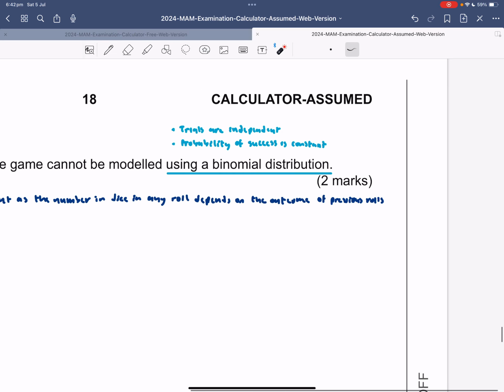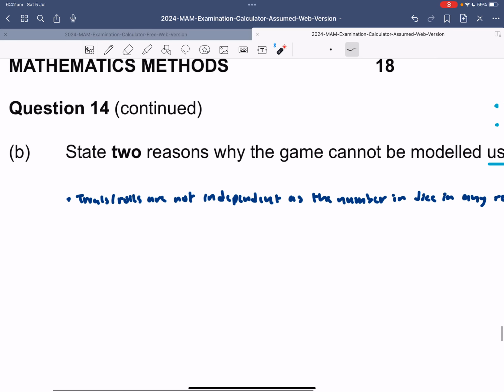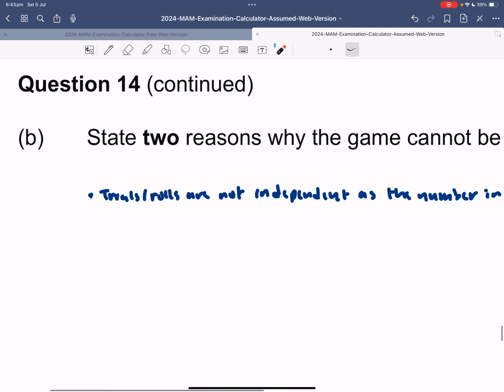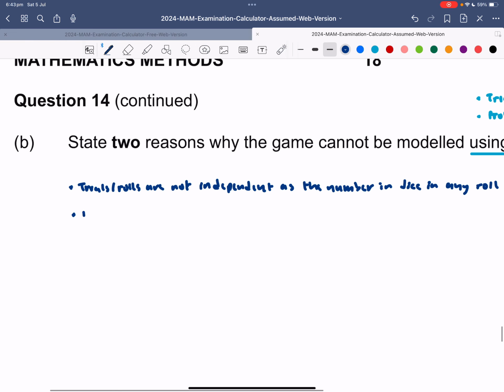We can also explain that the probability of success is not fixed. The probability of success is not constant.